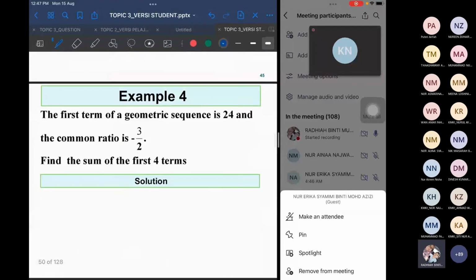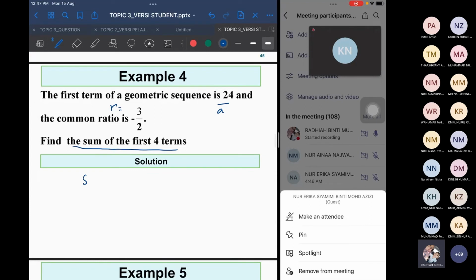Okay, so kita tengok example 4. Dia kata the first term of the geometric sequence is 24. So dia bagi tahu lah you punya A is 24 and the common ratio you punya R sama dengan negative 3 over 2. And then dia kata find the sum of the first 4 term. So dia minta kita cari S4. So kita masukkanlah dalam formula kita A R power of n minus 1 divide by R minus 1.